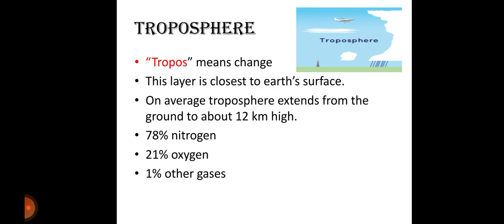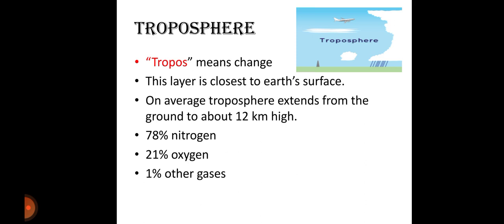Tropos means change. This layer is closest to Earth's surface. This layer gets its name from the weather that is constantly changing and mixing up the gases in this part of our atmosphere. On average, troposphere extends from ground to about 12 km high.